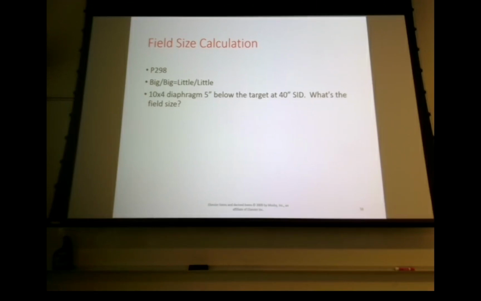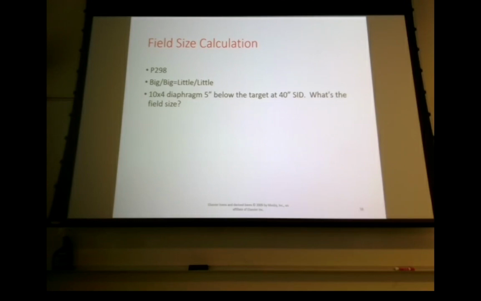And what he's describing there is four different things. You've got your source, which is your anode, right? Source to diaphragm distance is SDD, and that's very short. And then SID, you know what that is. And then you've got field size opening, right? There is math on this test, but I'm pretty sure I've taken all the math straight out of DeAngelis. So just do your DeAngelis, and it should be easy enough for you.